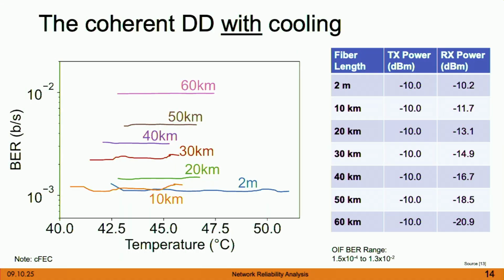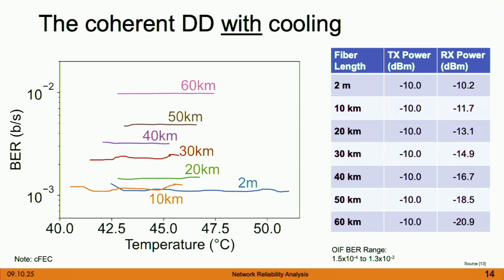And now we have a difference compared to the 40 kilometer direct detection one. As you can see, the temperature does not affect those. Why is that? Well, I was able to remove one parameter, because the coherent has another advantage: here I don't need attenuators. I did not attenuate that one, and you can see that if you can reduce the number of parameters, it's better. So it's a more complex transceiver, but easier to record and better to compare. And as you can see, the temperature is not really our enemy or our problem here. Problematic is really the length of the fiber cable.